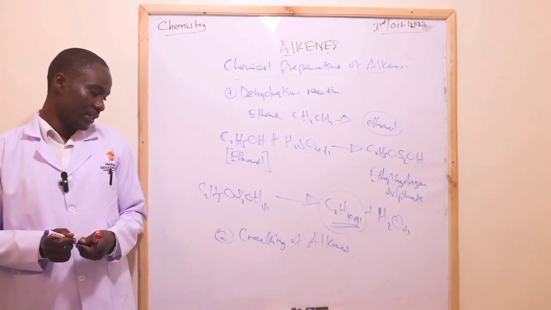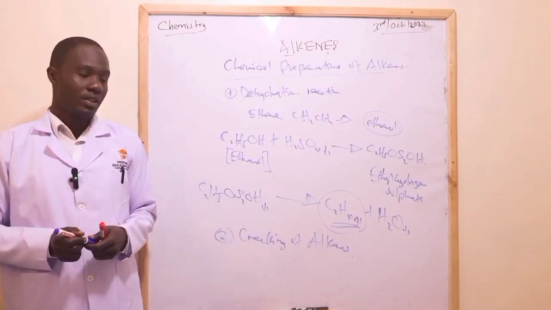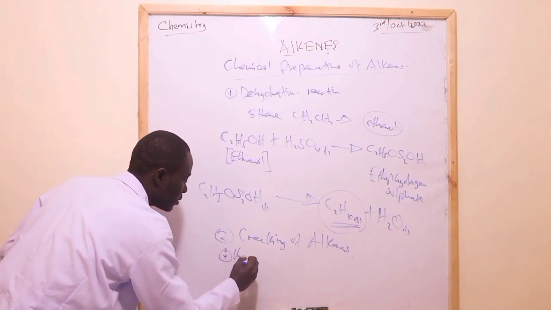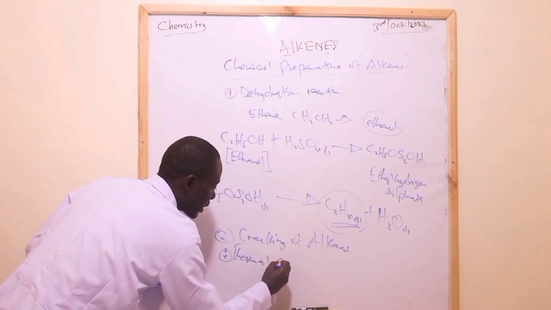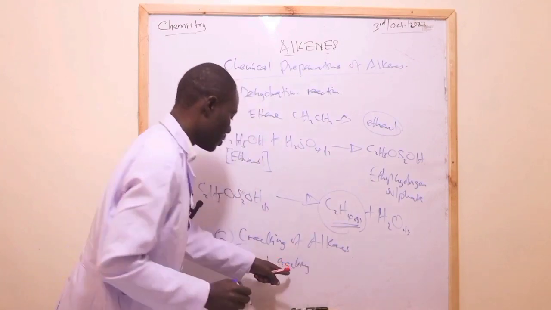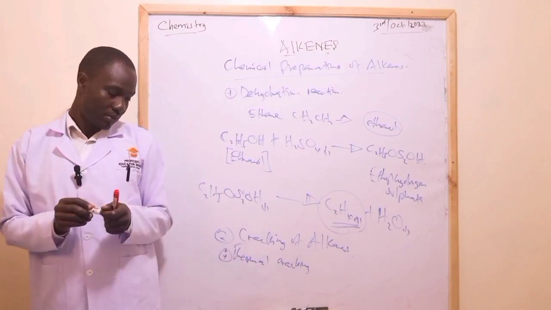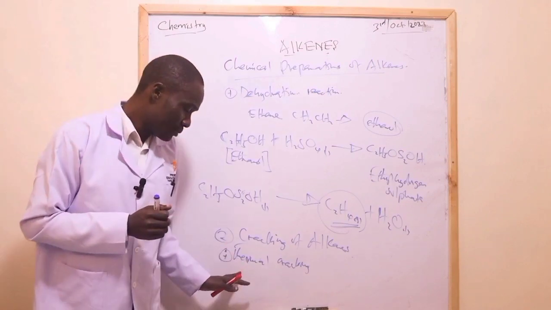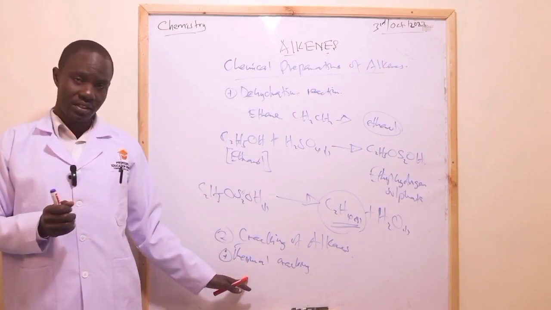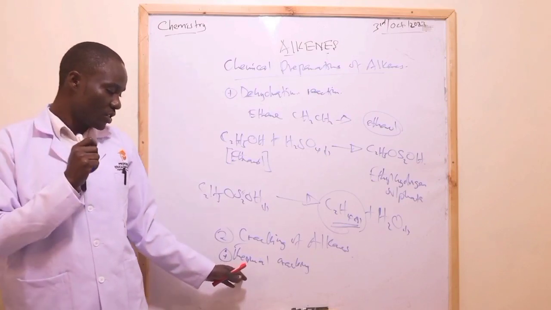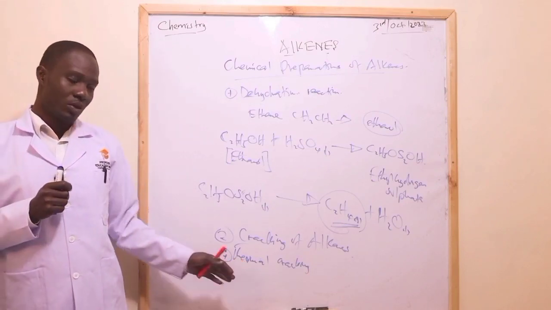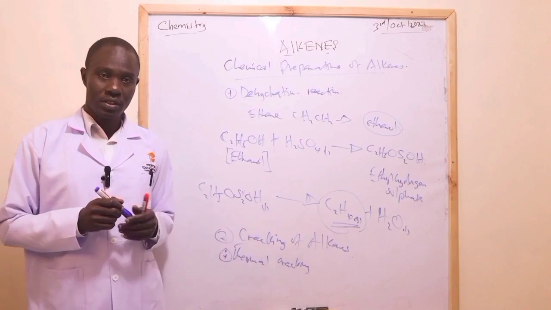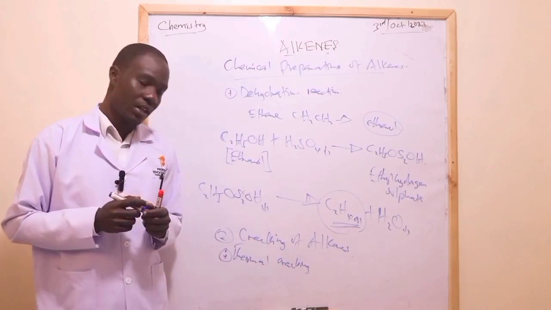Number one is the first type of cracking, called thermal cracking. The word thermal is a chemical term that refers to heat energy. In this case, we need to supply a high amount of heat energy to the long chain alkanes, because you know that short chains are the ones that are usable.